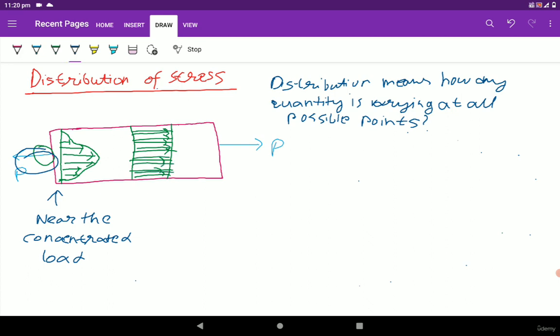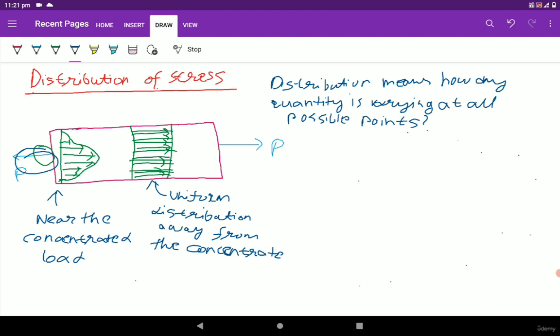So uniform distribution away from the concentrated load. So this is the main concept and this is the main takeaway from this lecture.